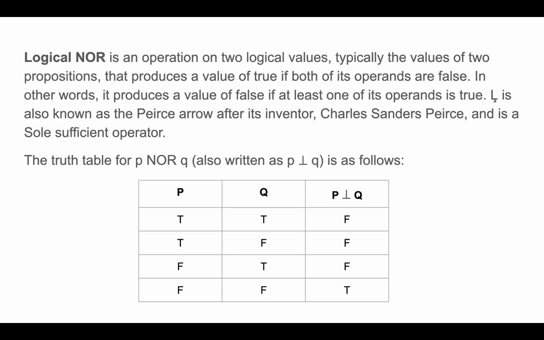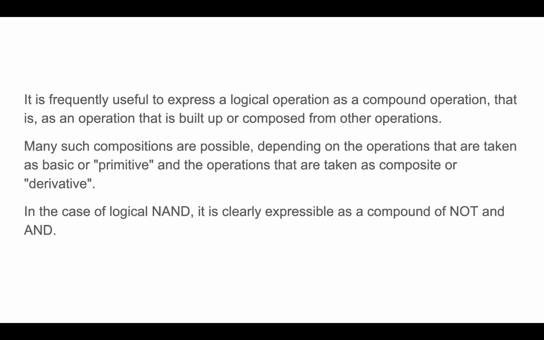Because two basic operations are combined here, the NOT operation and the AND operation. Getting? So it is a composite operation. Same with NOR. Many such compositions are possible depending on the operations that are taken as basic or primitive and the operations that are taken as composite or derivative. Basic operations are known as primitive operations, and the operations derived from those primitive operations are known as derivative operations or composite operations.